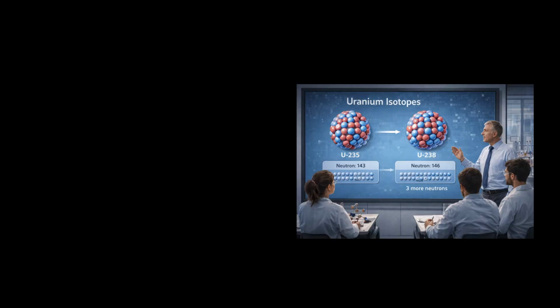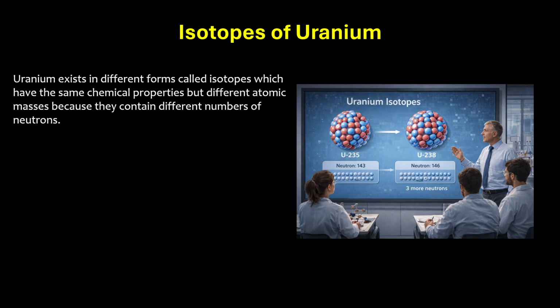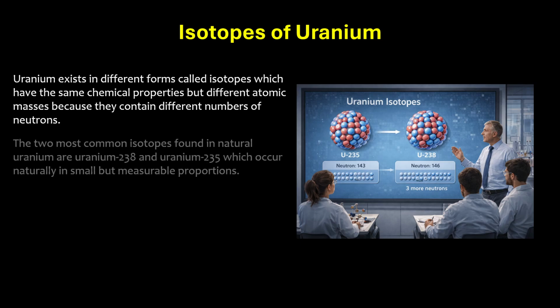Isotopes of uranium. Uranium exists in different forms called isotopes, which have the same chemical properties but different atomic masses because they contain different numbers of neutrons. The two most common isotopes found in natural uranium are uranium-238 and uranium-235, which occur naturally in small but measurable proportions.